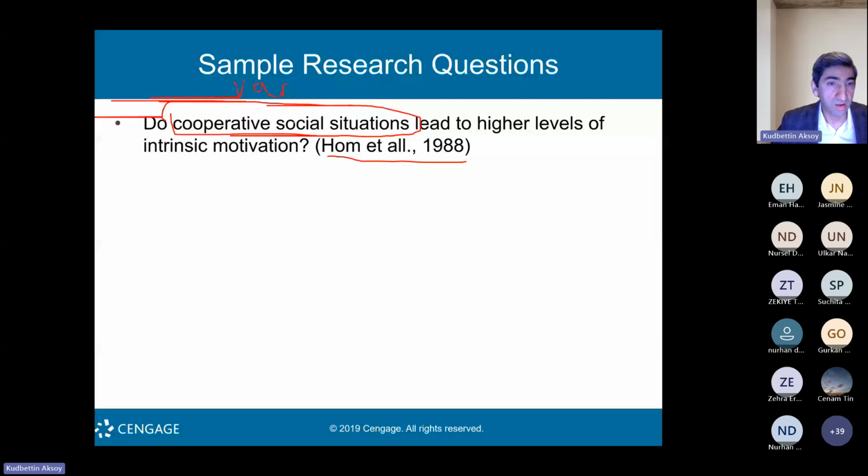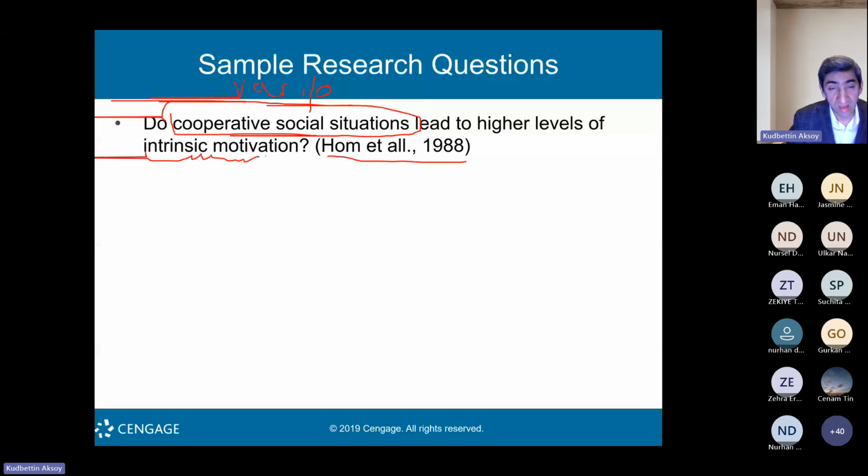Obviously, it's categorical. Cooperative situations, non-cooperative. A situation where a person works on his own, on her own, or works in cooperation with another group. That's what it means. So it's a 1 and 0, dichotomous variable, categorical variable, like gender.